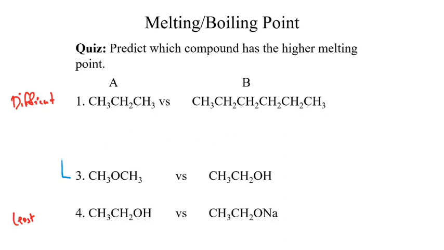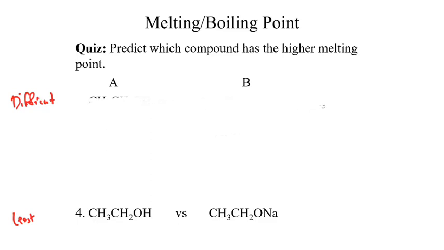How do we decide which one has the higher melting point? Okay, so if we're looking at higher melting points, what are we concerned about? Well, we're talking about how we transition from a solid to a liquid. Well, what prevents that transition? The prevention of that is your intermolecular force, or your IMF.